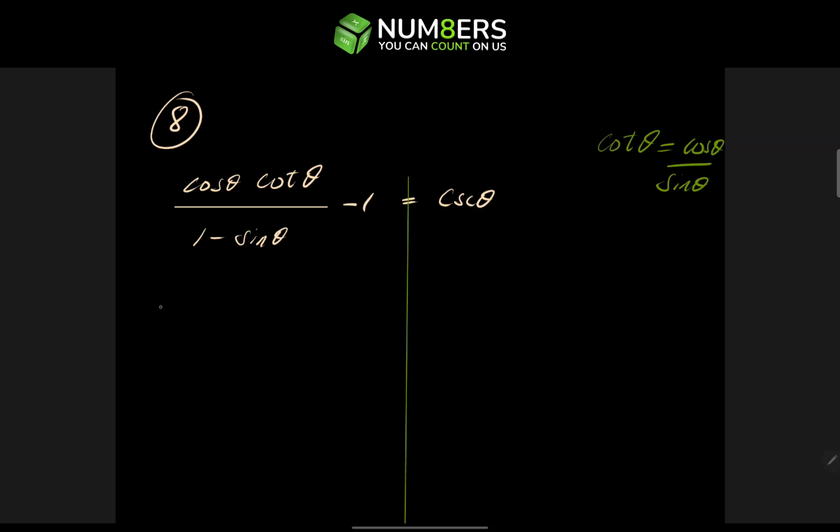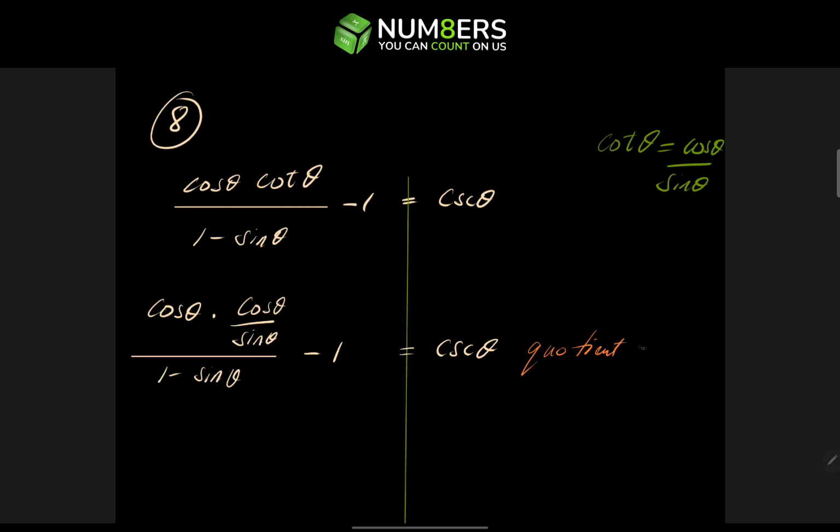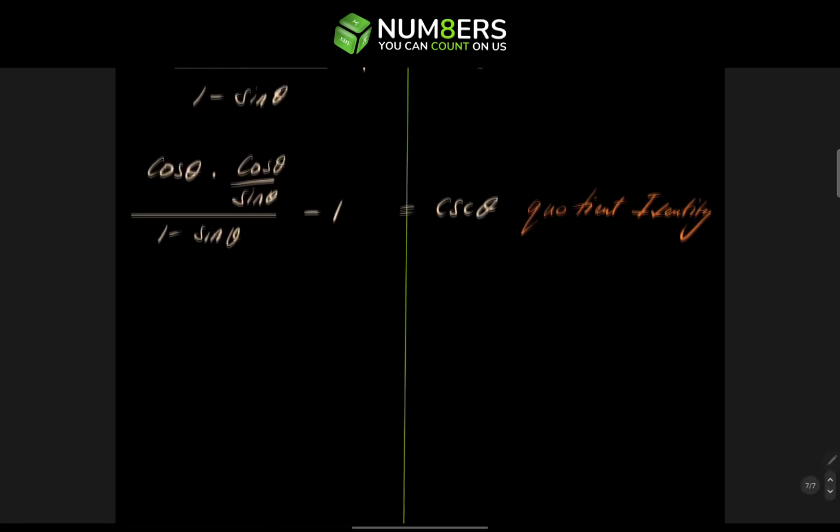So on the left, we write cosine of theta times cotan, which is now cosine theta over sine theta, all over 1 minus sine theta minus 1 is equal to cosecant theta. Here we use a quotient identity, so we write quotient identity.